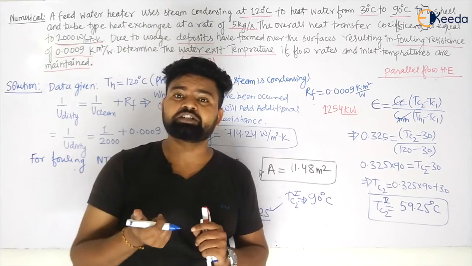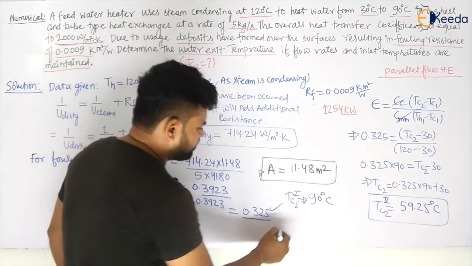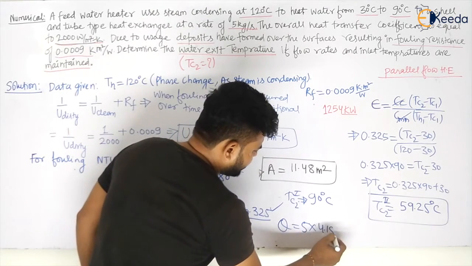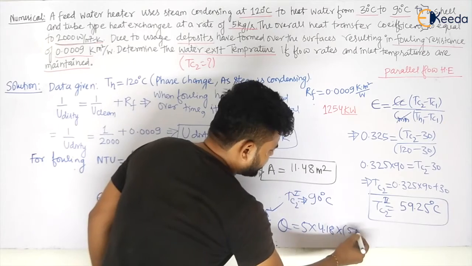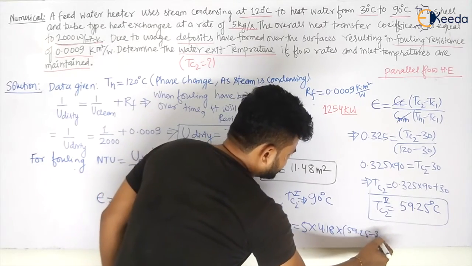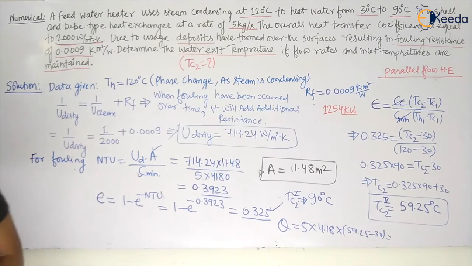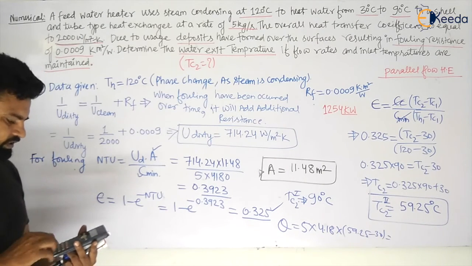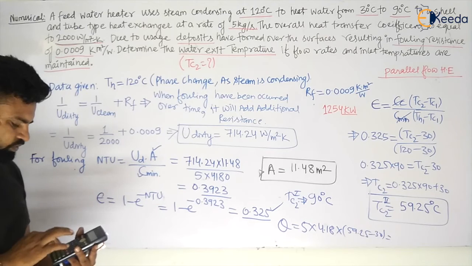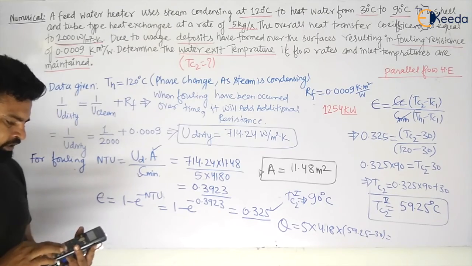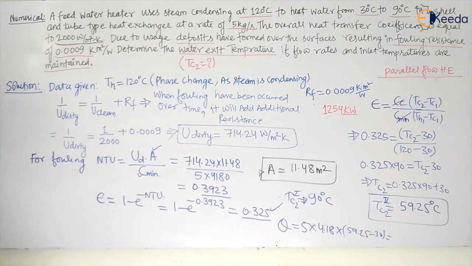Can we see the reduction in heat? Let us see what will be the heat given by. This will be nothing but 5 into 4.18 multiplied by 59.25, the outlet temperature, minus 30. So the heat will be equal to 611.325.